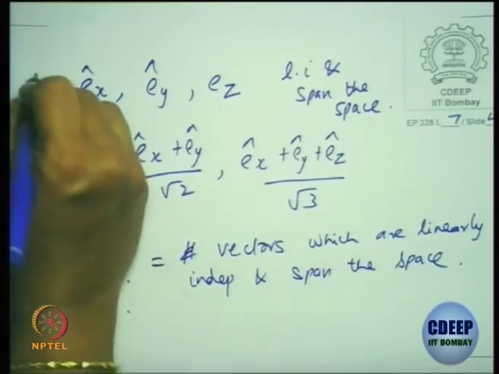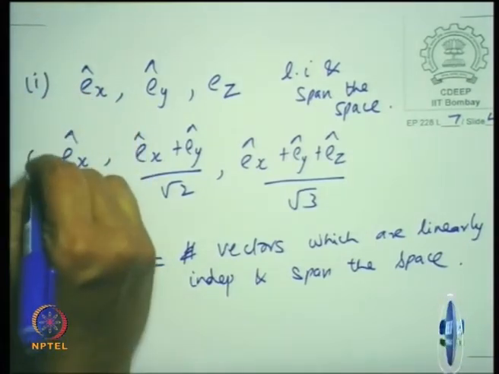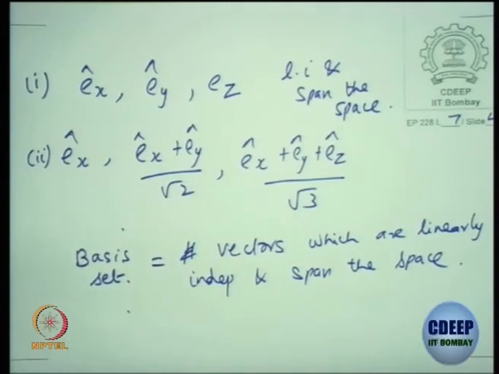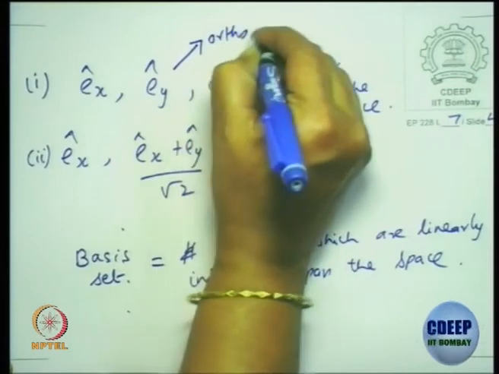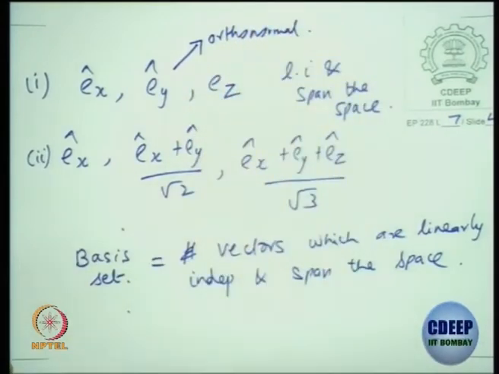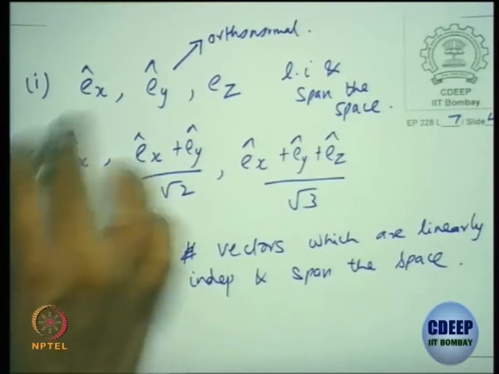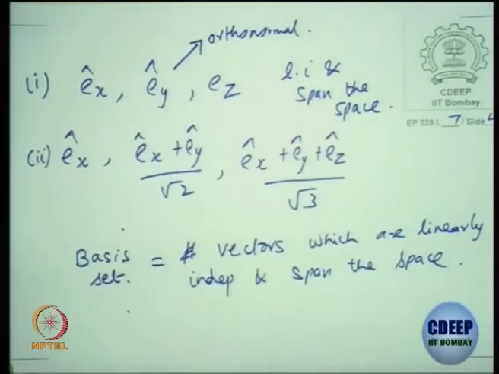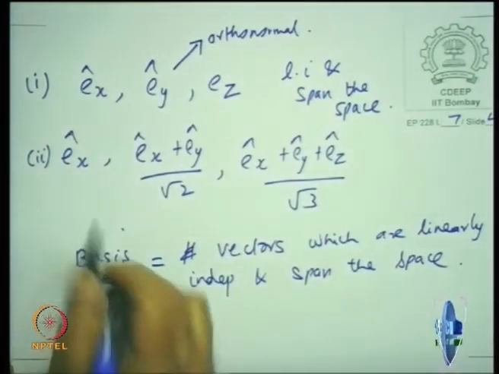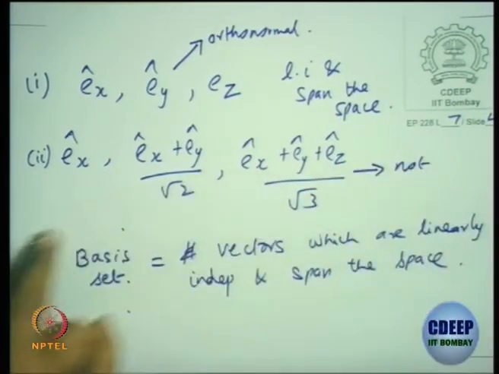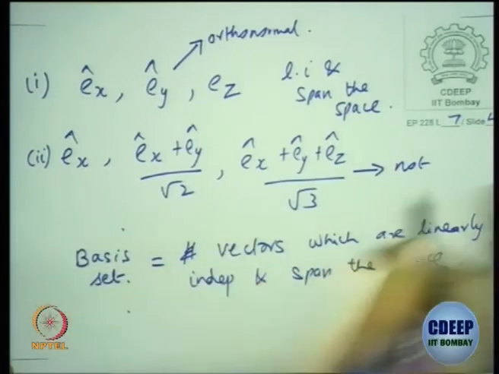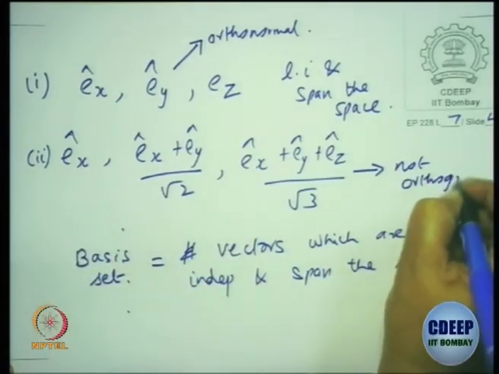So, this is one basis set, this is a second basis set, and what is the difference between basis set 1 and basis set 2? This one is orthogonal, the basis vectors in the set are orthogonal, whereas this one is still a valid basis set, but not orthogonal.